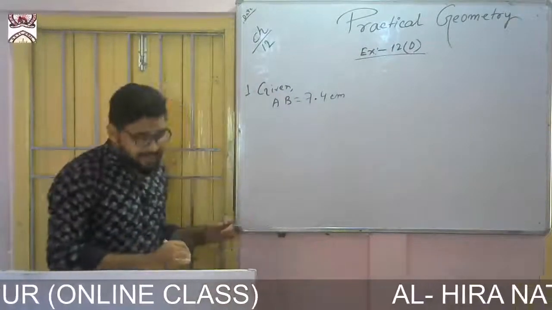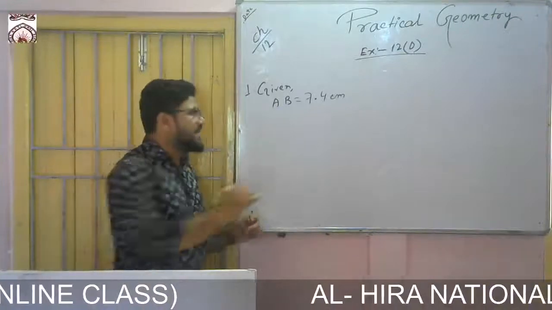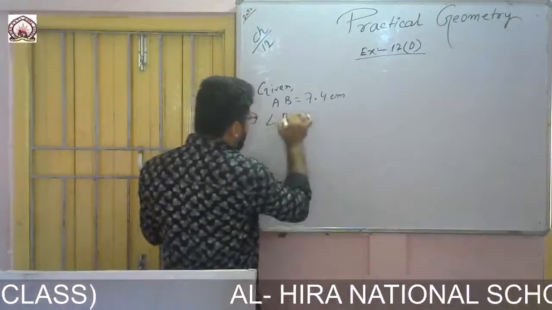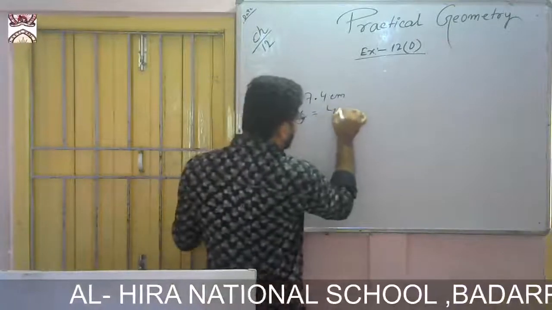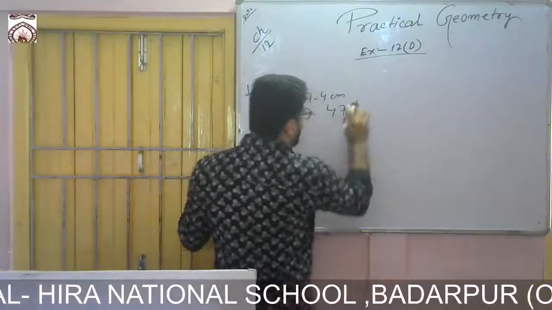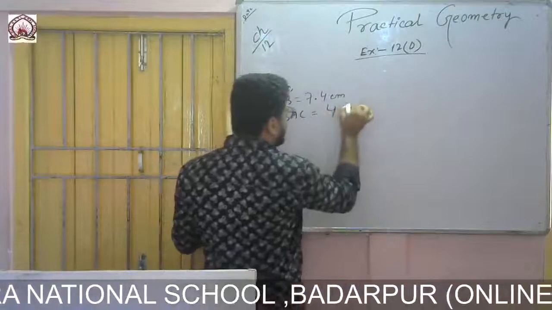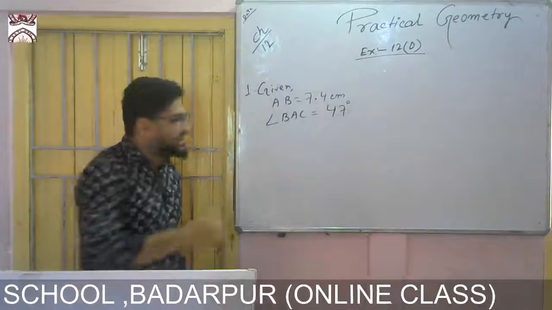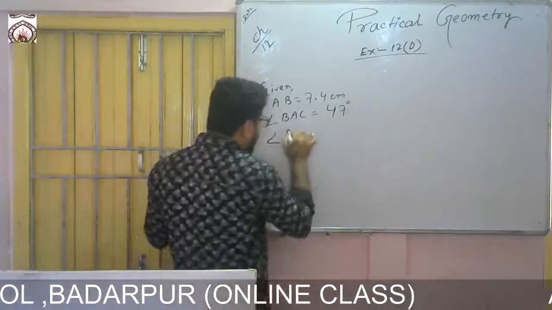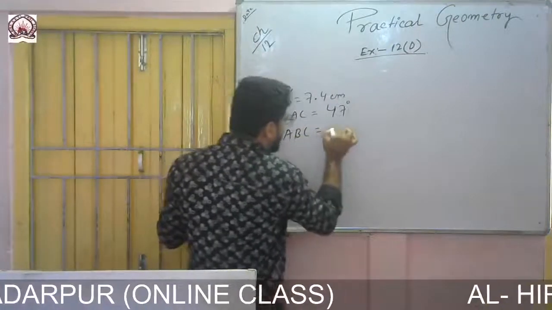Next, angle BAC equals 47 degree. Next, angle ABC equals 68 degree.